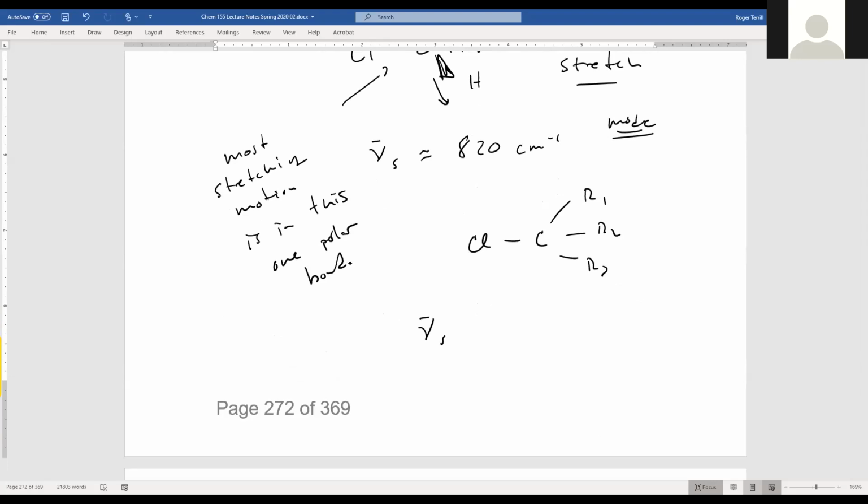We'll call this a group mode, in the range of, let's say, 790 to 850 or so.